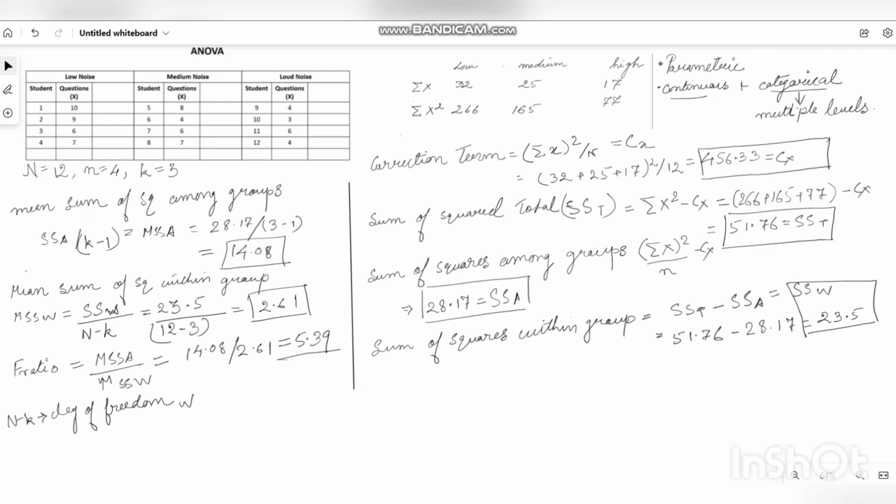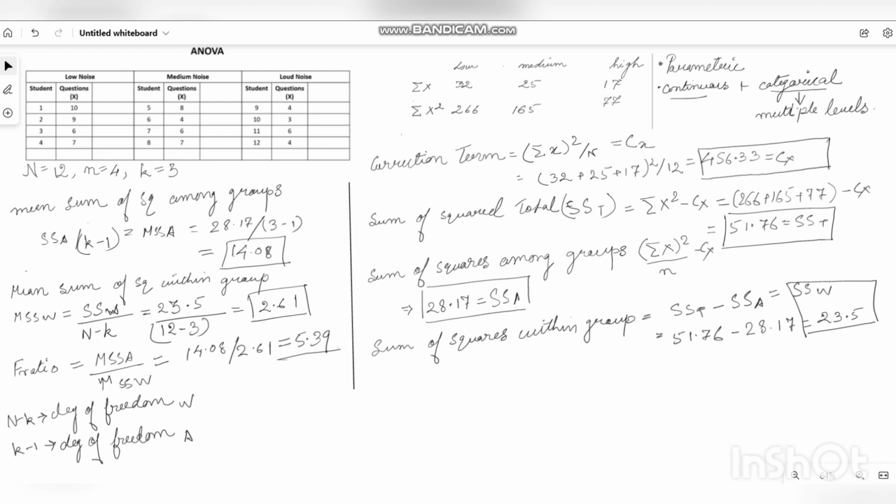And K minus 1 is similarly the degree of freedom among groups. Okay, so we have calculated both. Where do we use it?